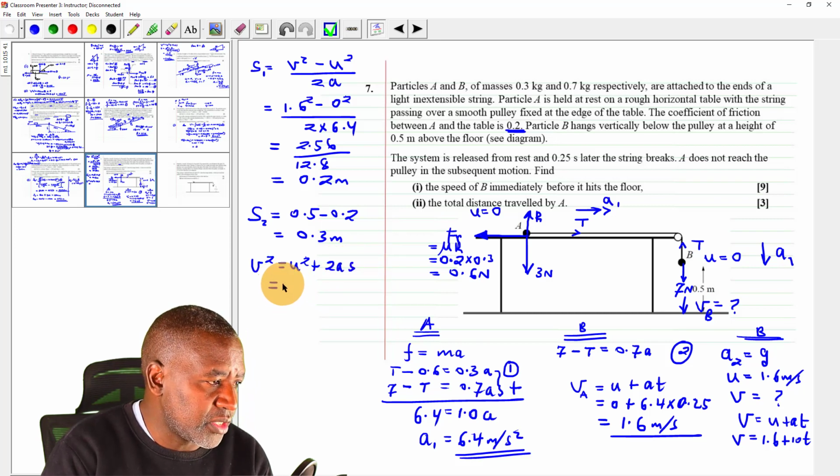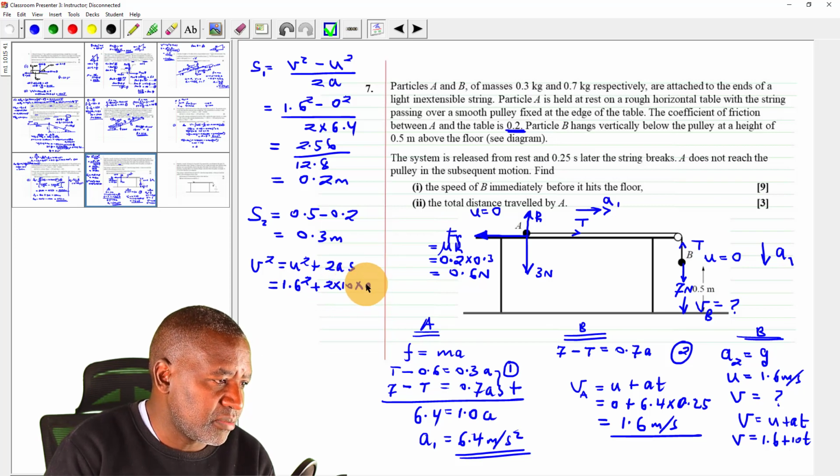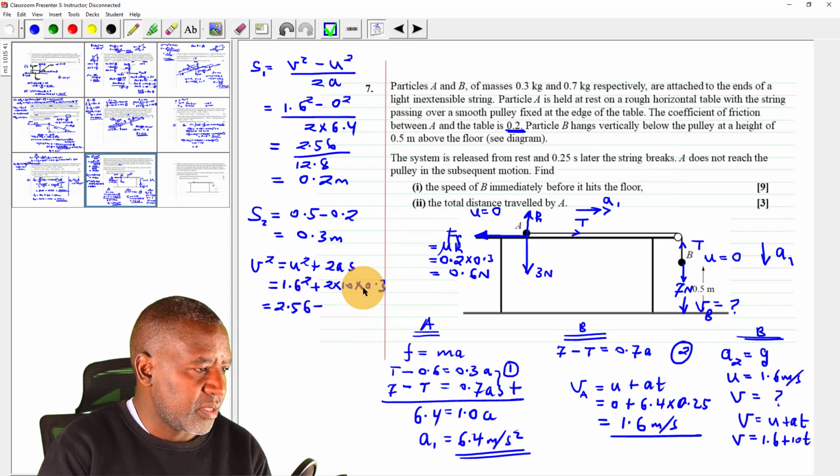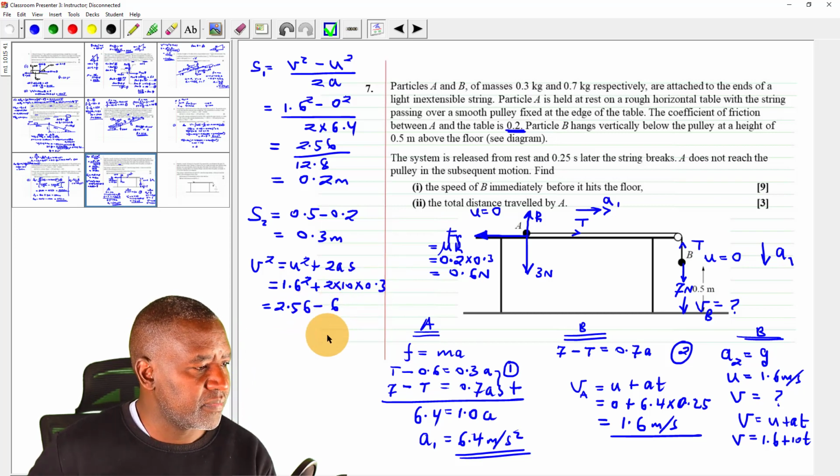The u is now 1.6 squared plus 2 times 10 times 0.3, 2.56 plus 6.